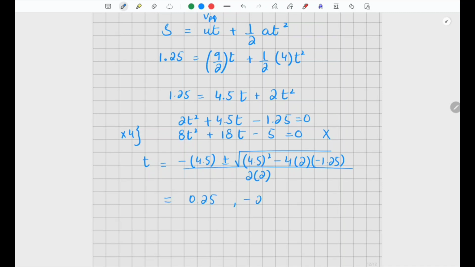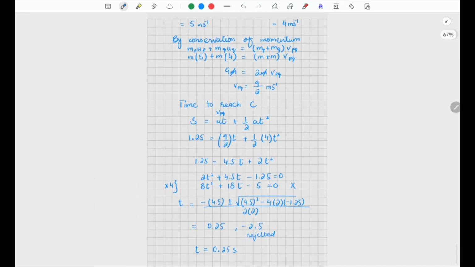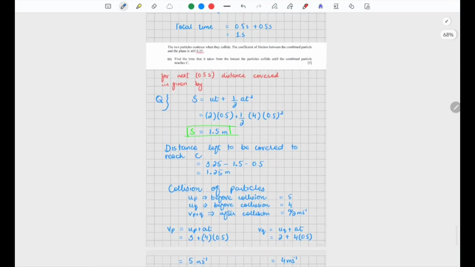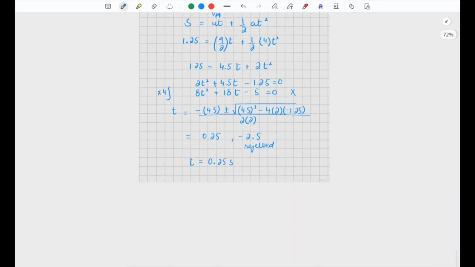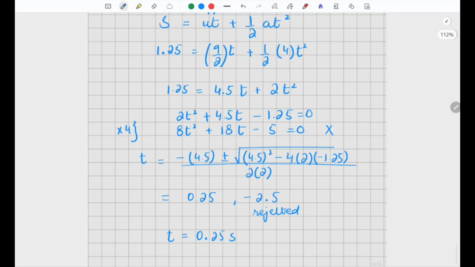Obviously, a negative value for time is not accepted. So your final value for time would be 0.25 seconds. This is the time it takes from the instant the particles collide until the combined particle reaches C. So this is your time for this whole journey.